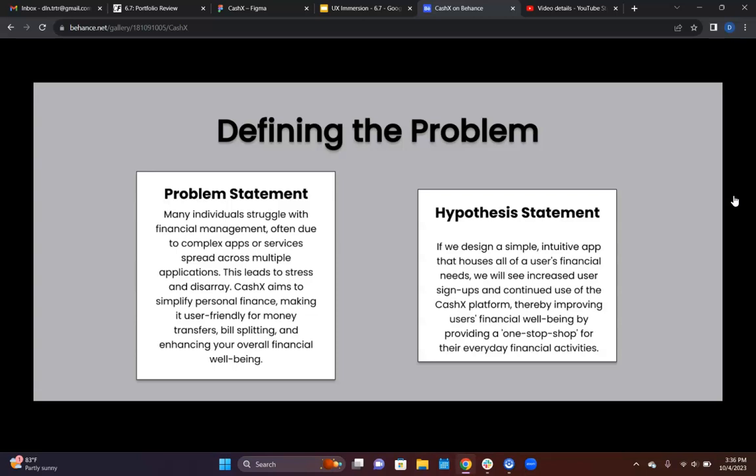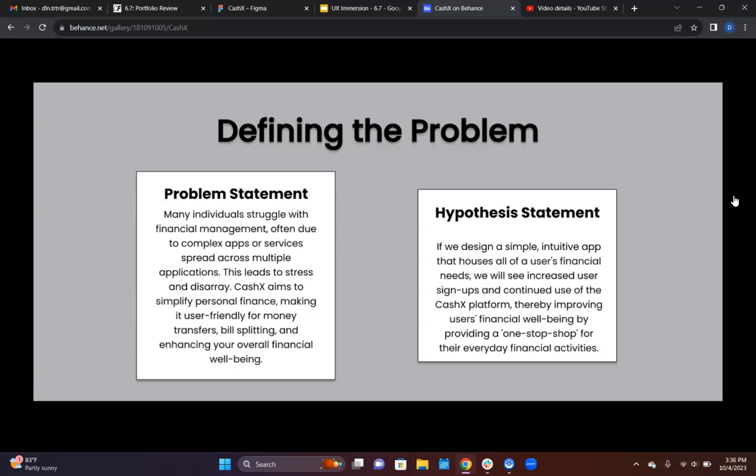This can be for many reasons, but mainly it's either due to lack of education, or that the services they're trying to use to manage their finances are spread out across multiple apps, which makes things harder to keep track of.